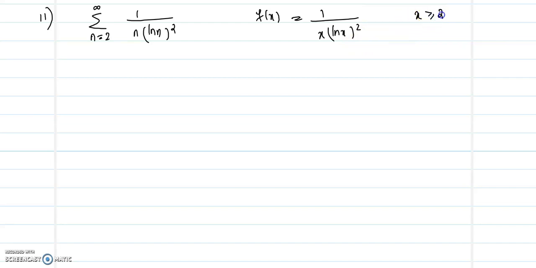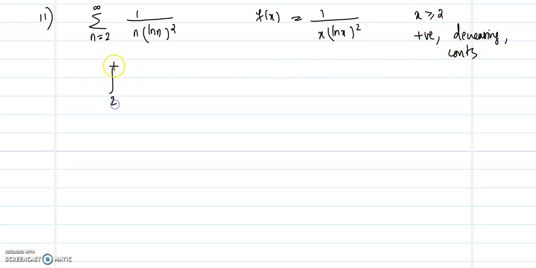So x must be greater than or equal to 2. When x is greater than or equal to 2, the function is positive, and as x increases, the f value decreases. So the function is decreasing, and there are no points of discontinuity when x is greater than or equal to 2. So it will be continuous, positive and decreasing for x greater than or equal to 2.